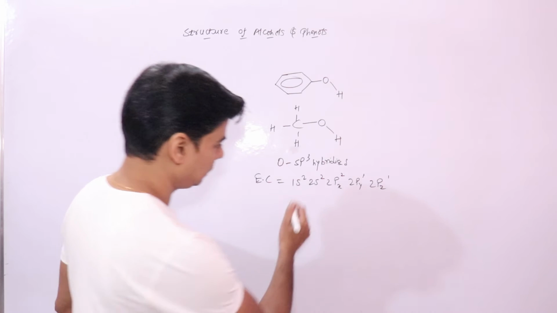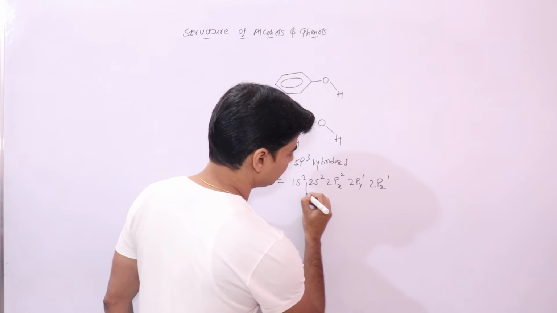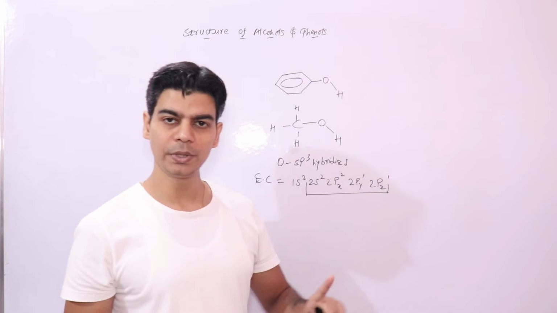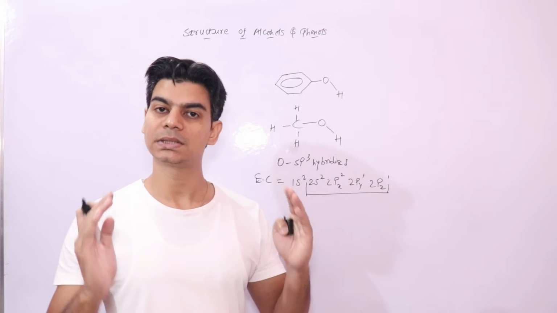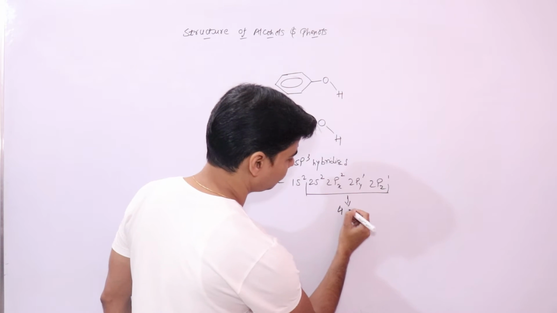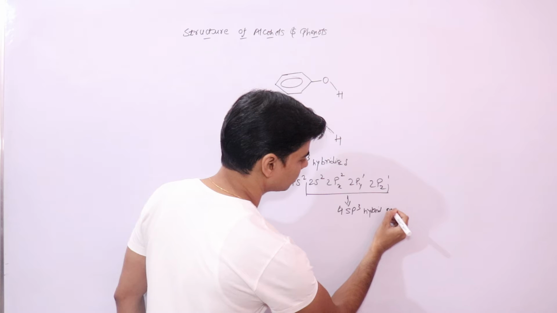Now in hybridization, the 2s and 2p orbitals will mix and merge to give you a set of 4 sp3 hybrid orbitals, right?